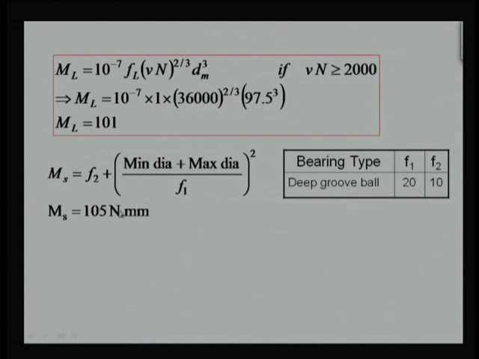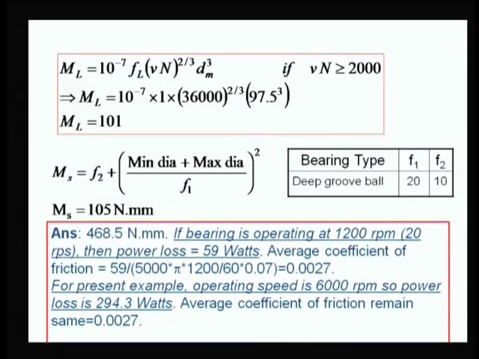If we do the calculation, the friction due to seals turns out to be 105 Newton mm. Now we can add up all these moments, and this turns out to be 468.5 Newton mm.